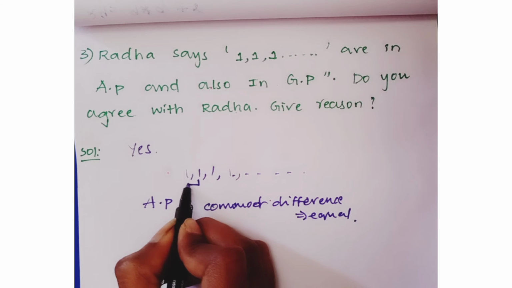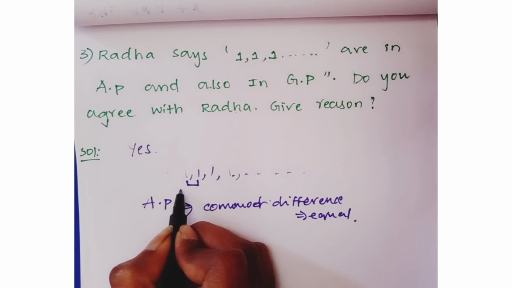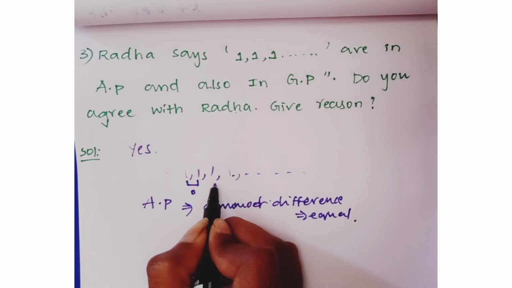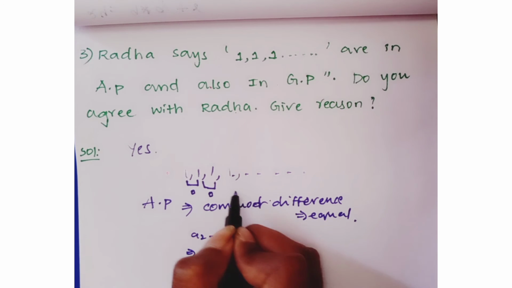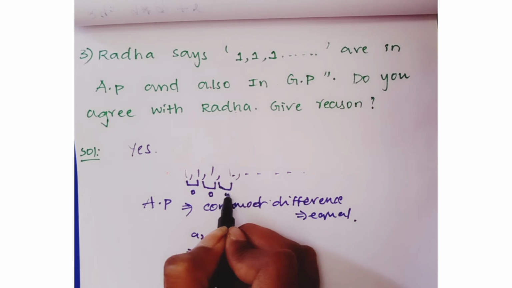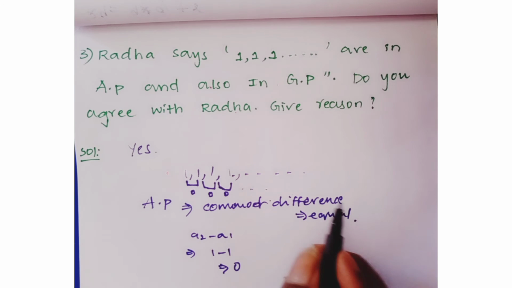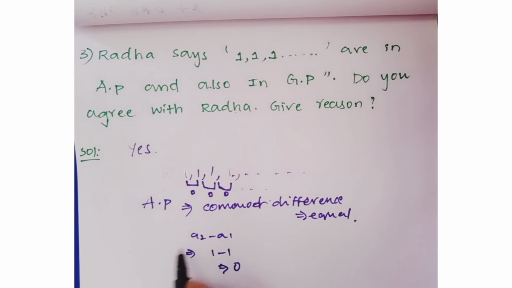When I take these two terms, the common difference is 0. When I take these two, the common difference is 0, and so on. So the series is in AP.